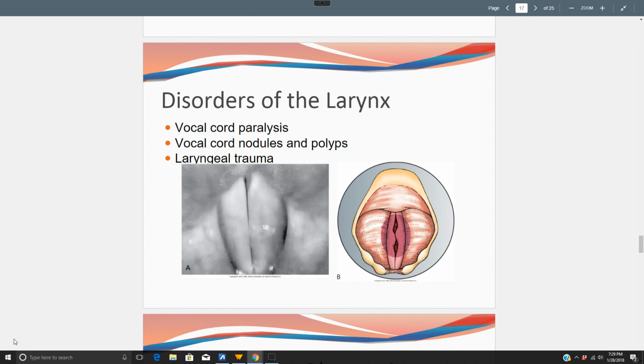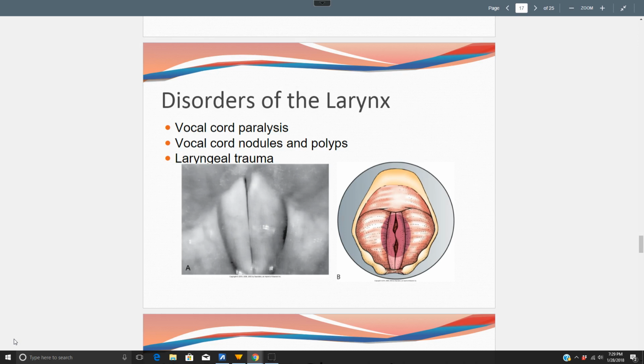The next issue is laryngeal trauma. This is when some kind of crushing or direct blow to the larynx occurs, maybe again with prolonged endotube intubation. When someone has laryngeal trauma, some of the signs and symptoms we see are difficulty breathing, which is a serious situation, aphonia, hoarseness, subcutaneous emphysema, and bleeding from the airway. The physician may need to assess exactly what the extent of the injury is.